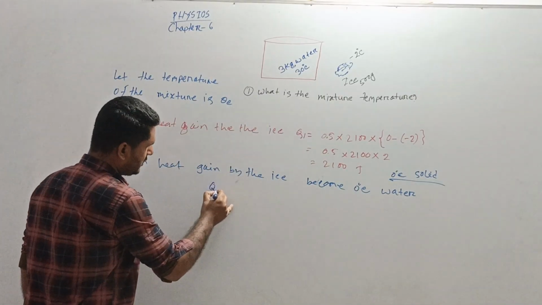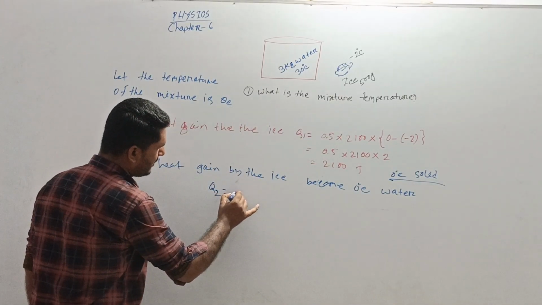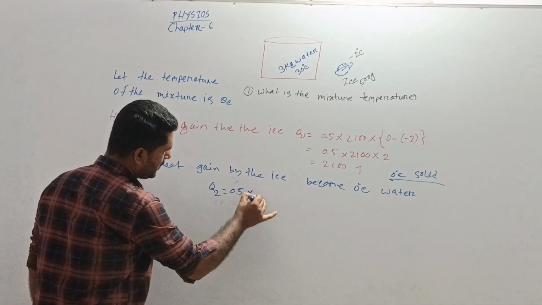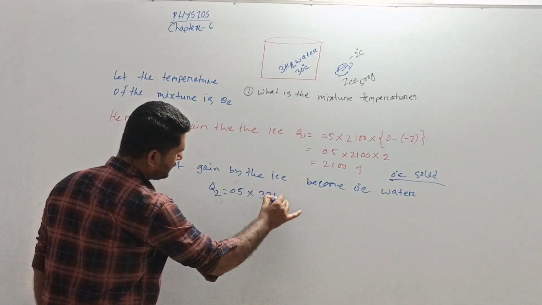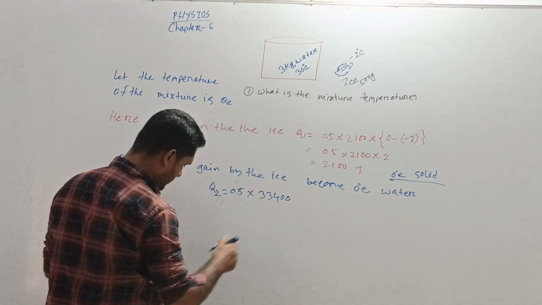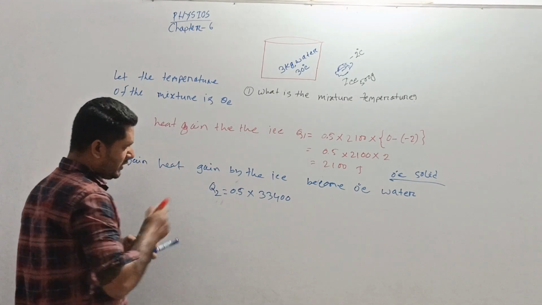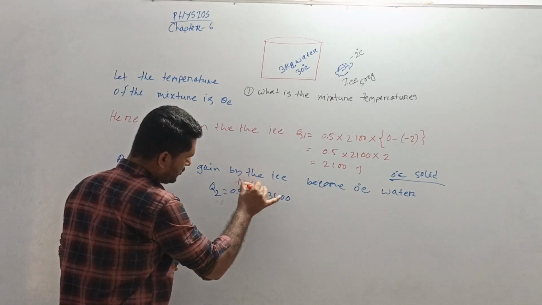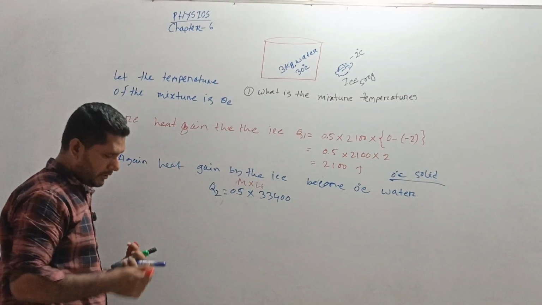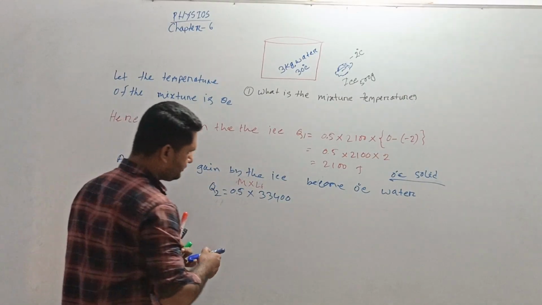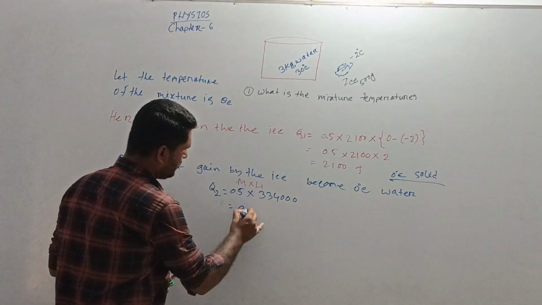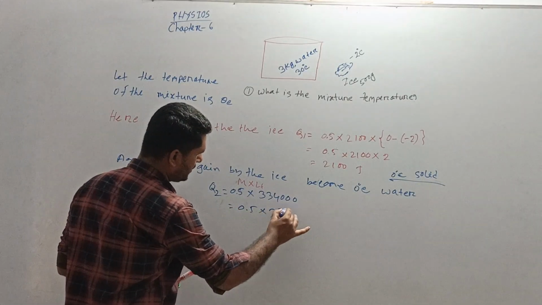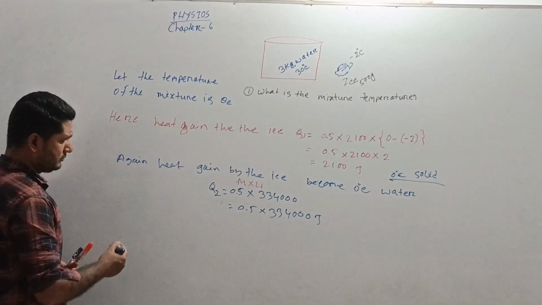Heat gain Q2 equals mass of ice 0.5 kg into latent heat of fusion, that is 33400. The formula we use here is mass into latent heat of fusion. So it will be 0.5 into 33400.